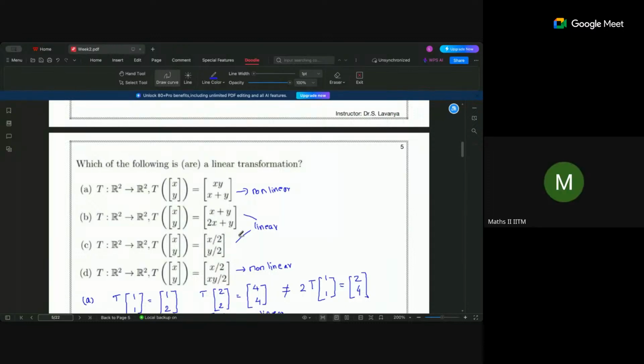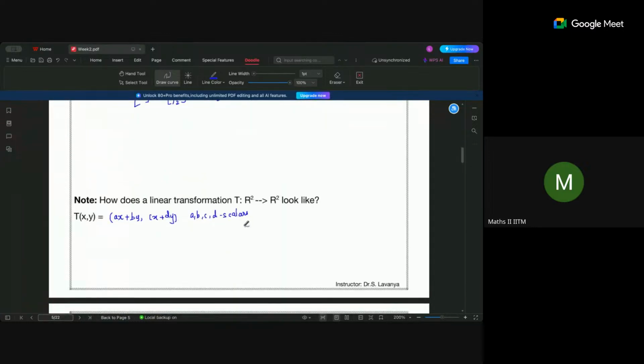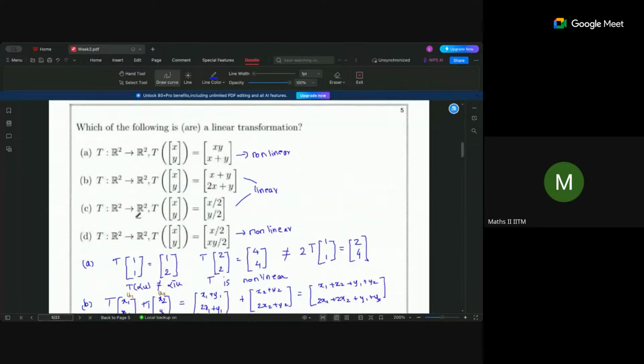What about b? B is 0 in this case. Same way c is 0 and d is 1 by 2. So this is a kind of shortcut. If you understand how to use this, then you can simply check whether it is linear or non-linear.